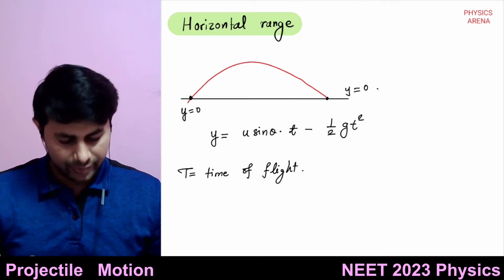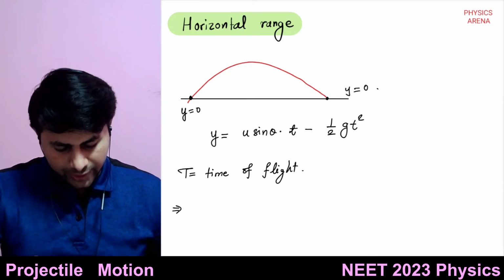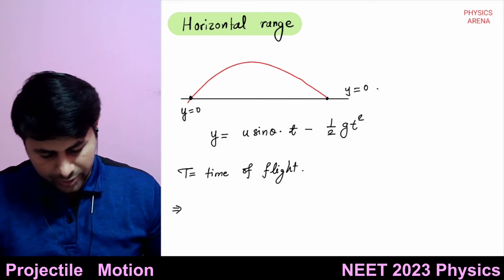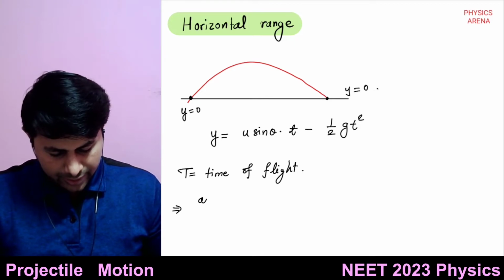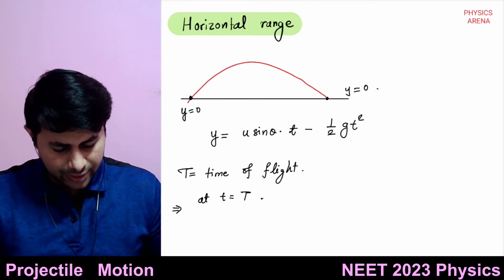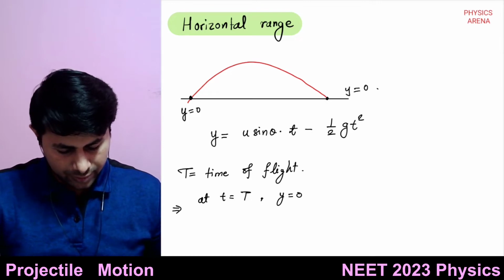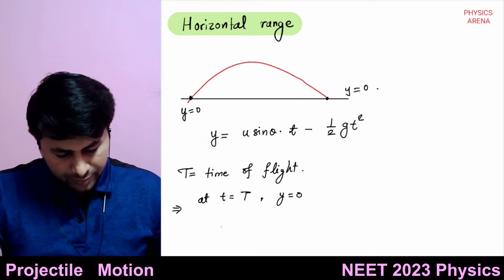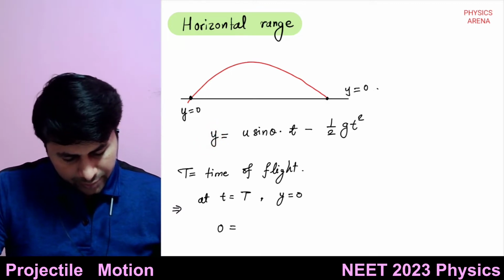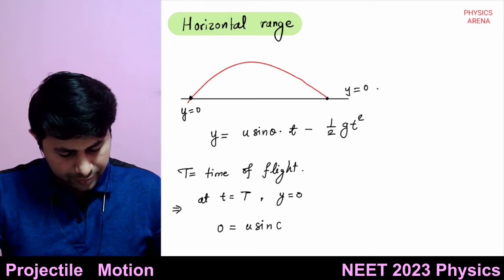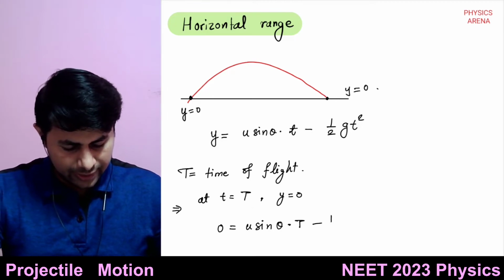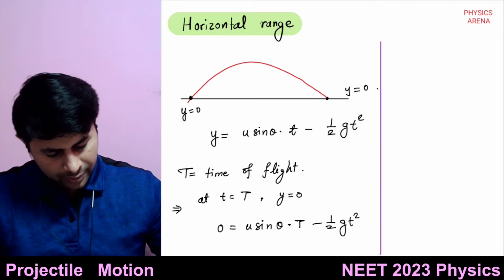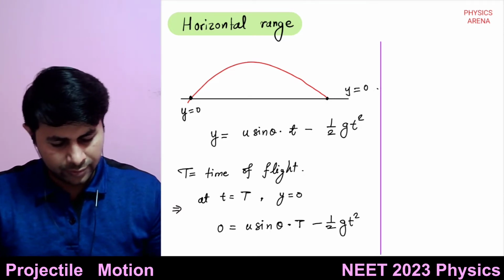After that much time, the y coordinate will become 0, and we want to find out that time. So let's substitute y is equal to 0. When at t equals capital T, y is equal to 0. If we substitute that here, what do we get? 0 is equal to u sine theta multiplied by T minus half g T square.